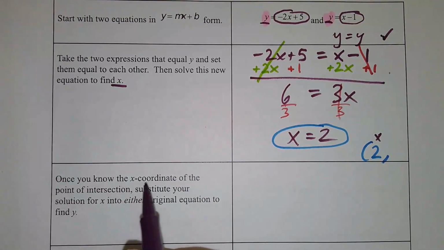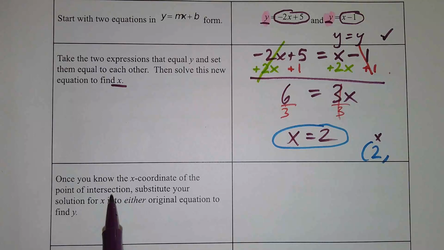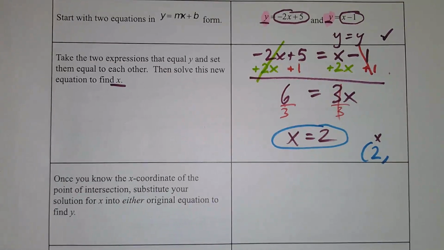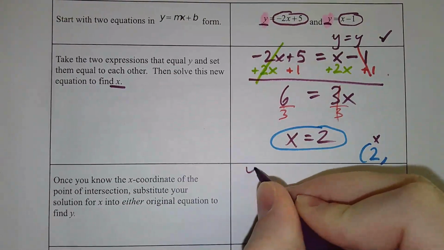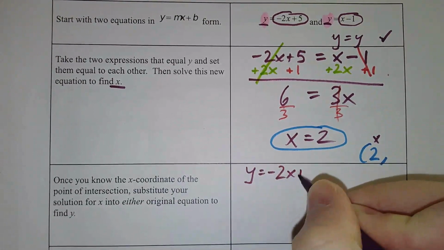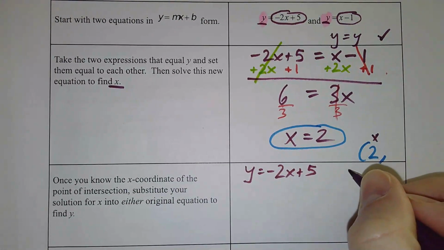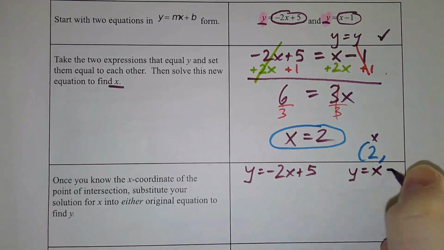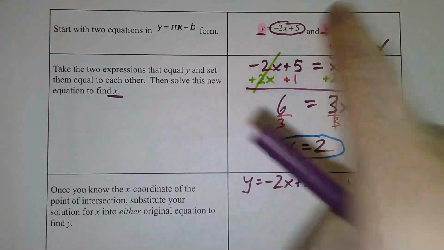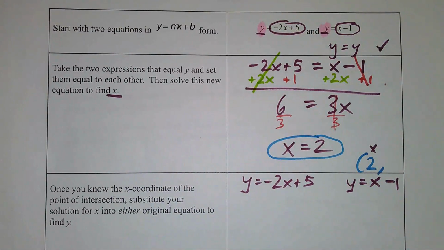Once you know the x coordinate of the point of intersection, substitute your solution for x into either original equation to find y. Now you ask yourself, which of these two equations might be easier to put the number 2 into? Yeah, either of those two original equations, which one looks easier?